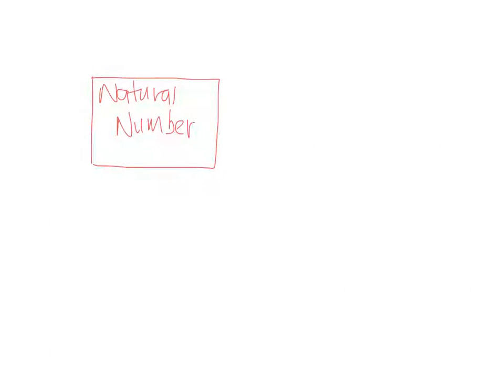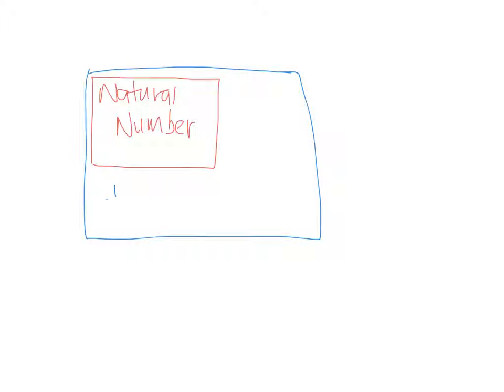Now we're going to put our sets of numbers in pictorial form. We'll start with natural numbers in this rectangle. And then we will look at integers in a larger rectangle that includes natural numbers. So if a number is a natural number like 3, it shows up in the natural number set, but because natural numbers are part of integers, it's also an integer.